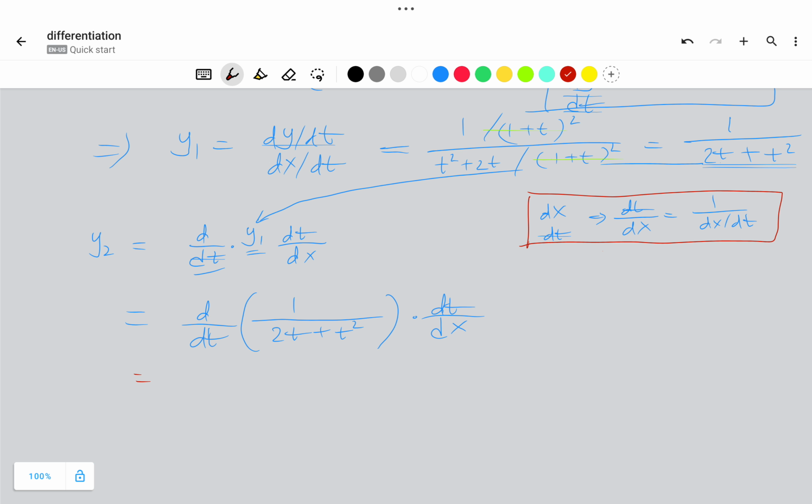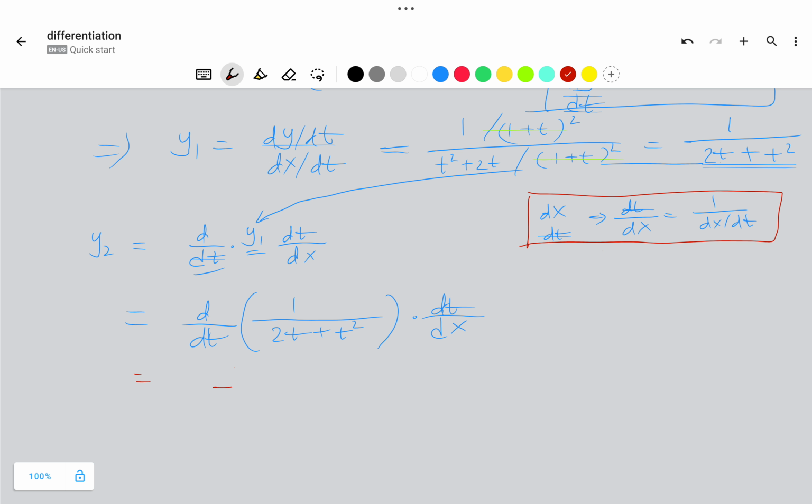So the derivative of this, what would it be? By the u upon v rule, or directly we can solve with the formula: derivative of 1 upon x is minus 1 upon x square.